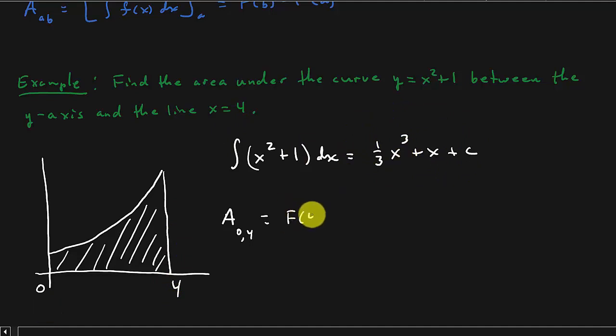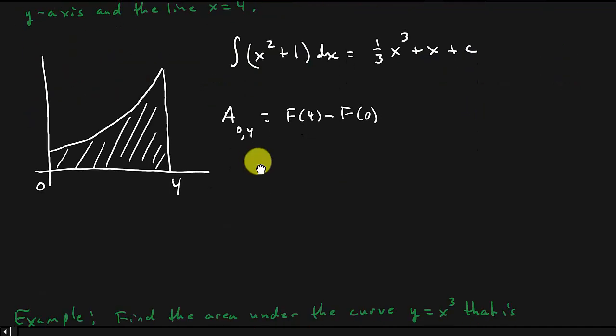That's going to be f of 4 minus f of 0, which is equal to 1/3 times 4 cubed plus 4 minus 1/3 times 0 cubed plus 0.